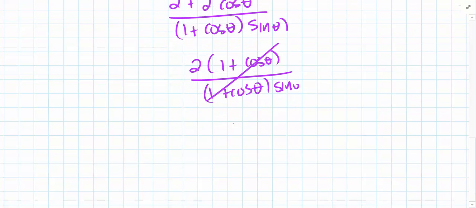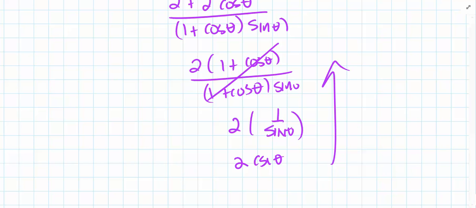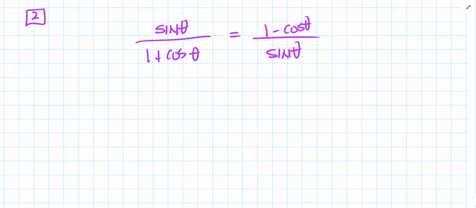That cancels out, leaving us with 2 times 1 over sine theta, which is 2 times cosecant theta, which is what we had. One down. And we're going to do this one in our notes because then I'm going to have you guys try one that's very similar with the new strategy on your own.